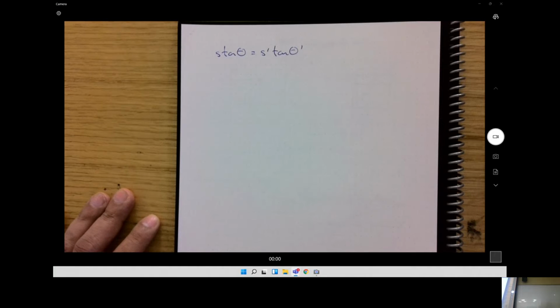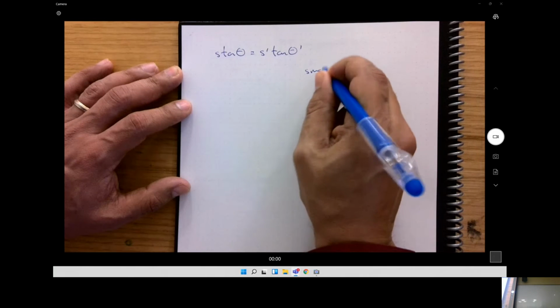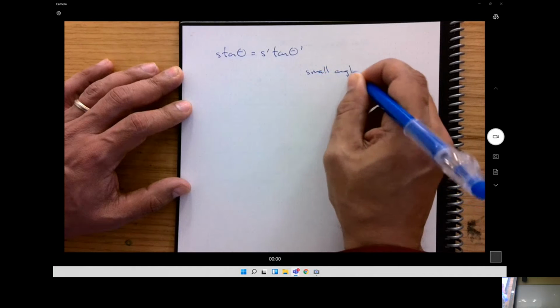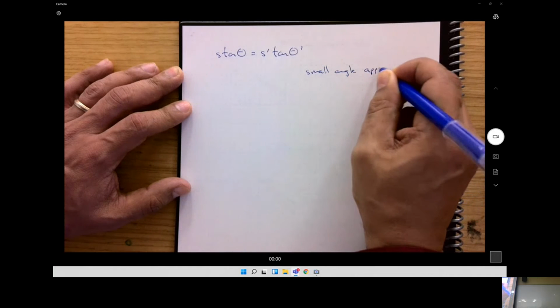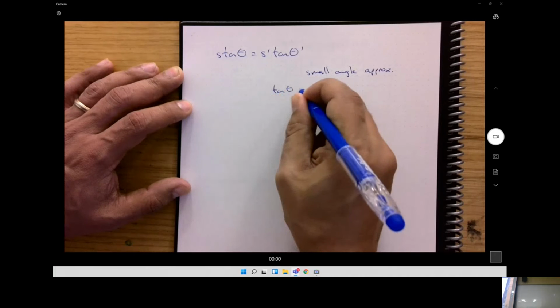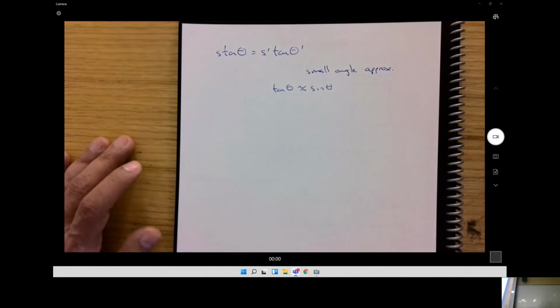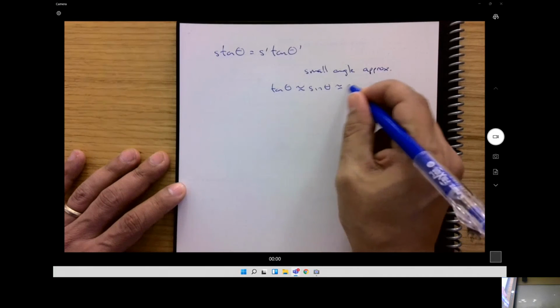Okay, now I'm gonna do a little trick and assume that I'm working with the small angle approximations. I can say that tangent of theta is going to be very similar to sine of theta, and this will also be very similar to theta.